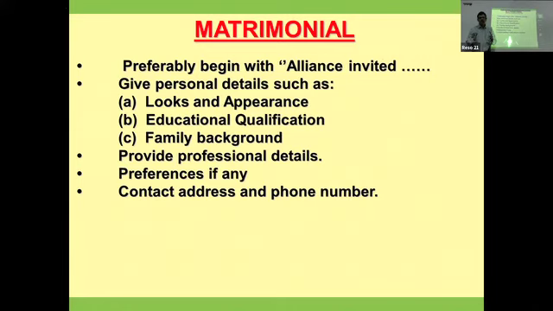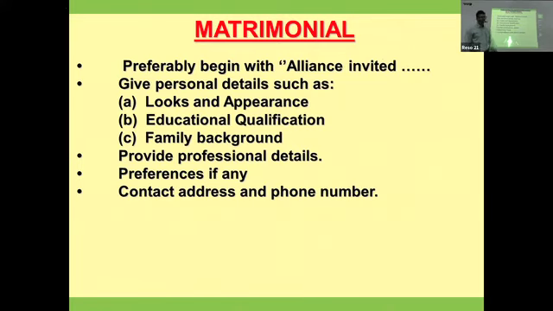Some books may tell you to start with "required" or "available", don't write anything like that. A better term is "alliance invited". What is alliance invited? The correspondence invited. Give the personal details of the person who is being advertised for: looks and appearance, educational qualification, family background.